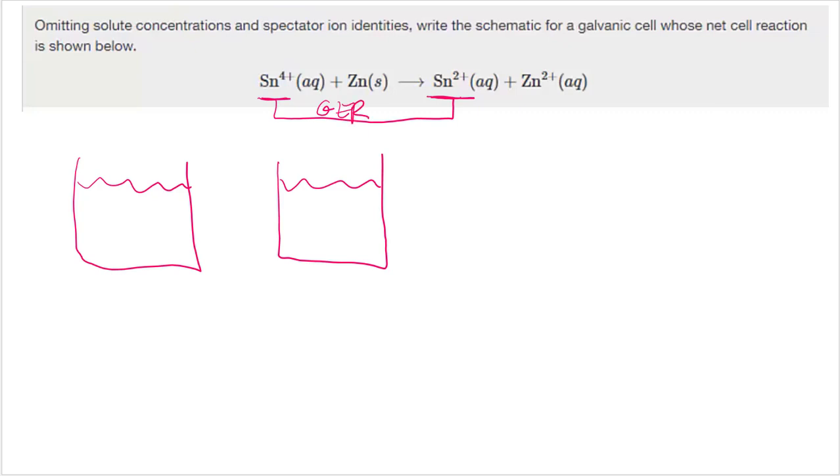My zinc, Zn, is going from a 0 to a plus 2. That means that I'm losing electrons. That's my oxidation. So we know that my anode on my left is my oxidation.